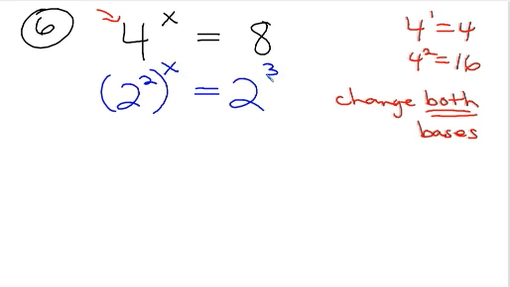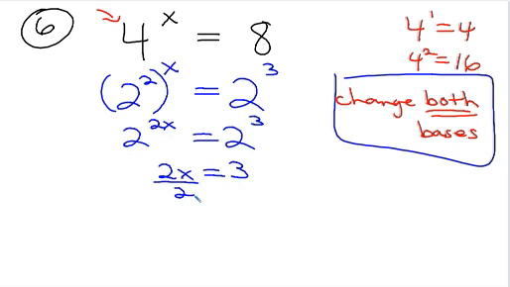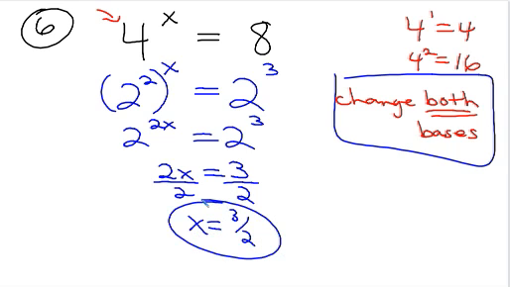So on this problem, this doesn't happen as often in your homework, but it does happen a couple times. We need to change both bases like I did. So I made them both a power of 2. So this would be 2 to the 2x equals 2 to the third. And now I could drop my 2's and solve it. 2x equals 3. Divide both sides by 2. X equals 3/2. And we will stop there for today.